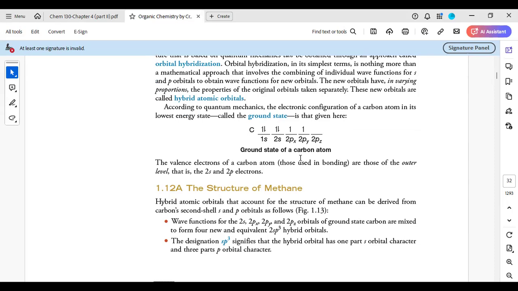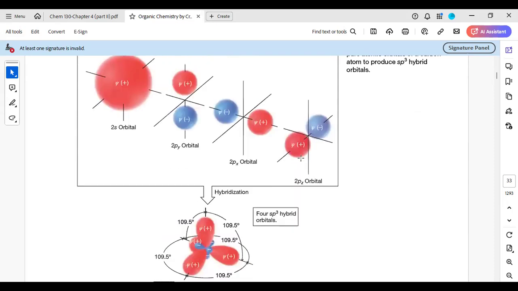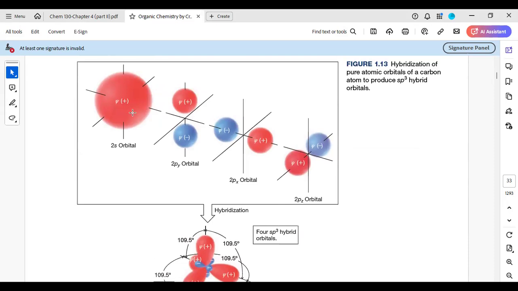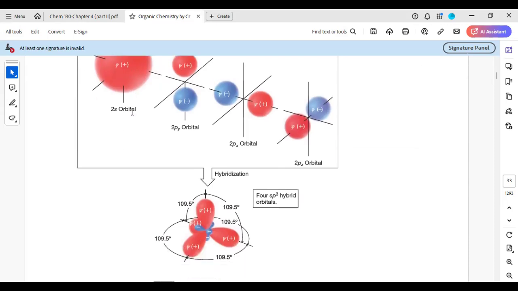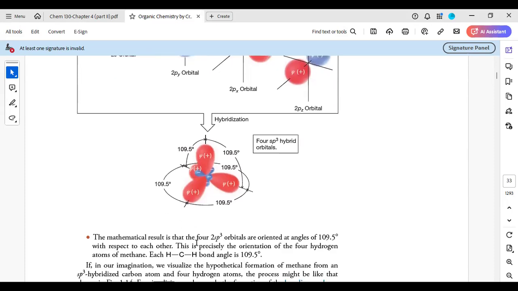Now, if you remember the shape, you have here the s and the p orbitals along the x, y, and z axes, and we also have the shape of the s orbital. When it hybridizes, it forms a lobe, where you have 75% p character and 25% s character. And this is now our four sp3 hybrid orbitals.